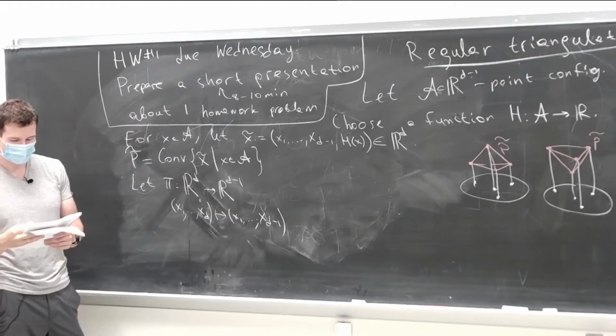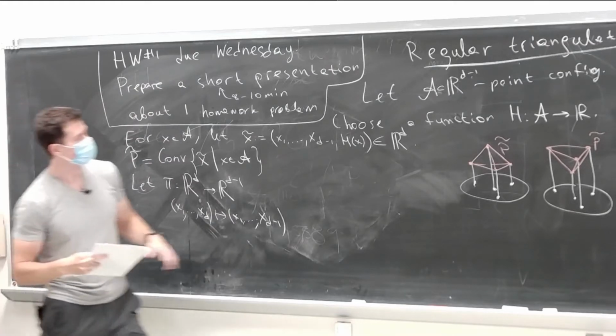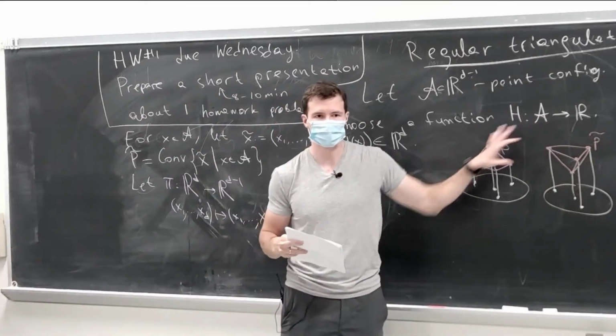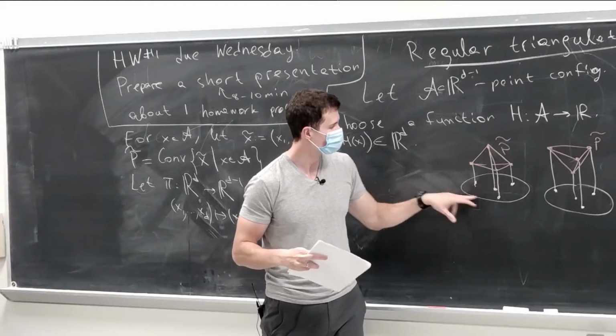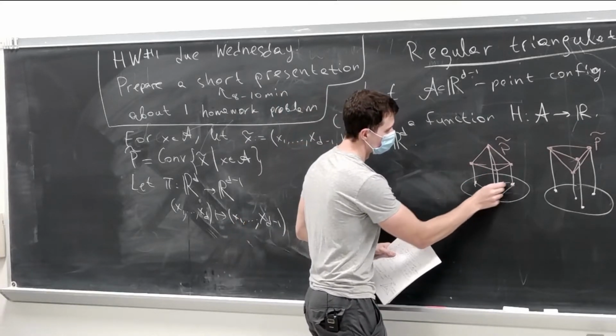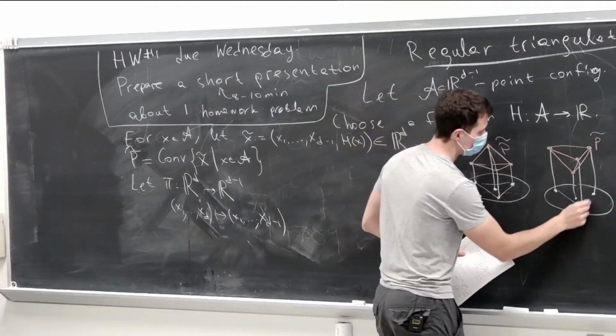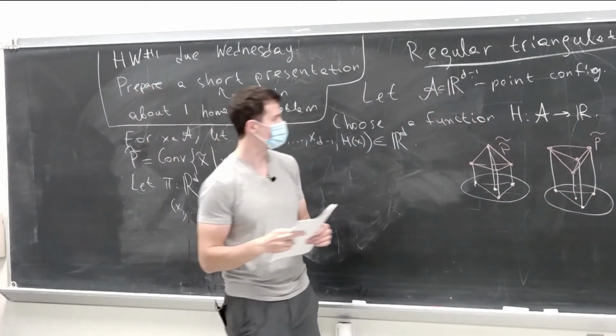Now I want to define lower faces of my polytope. I want this polytope to somehow give me triangulations or subdivisions of the convex hull of A. So how do I define a lower face?